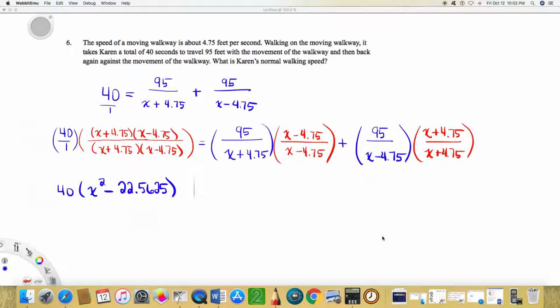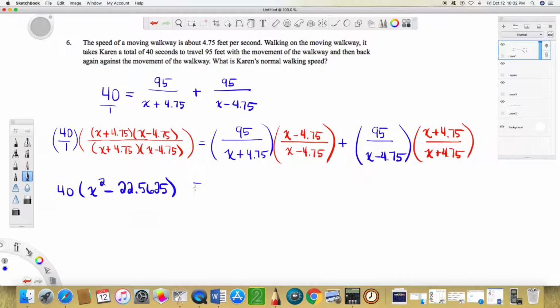Now, let's be a little more clever. On the right-hand side here, I have two terms, and both of these terms have a 95.